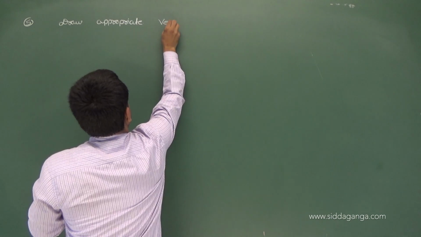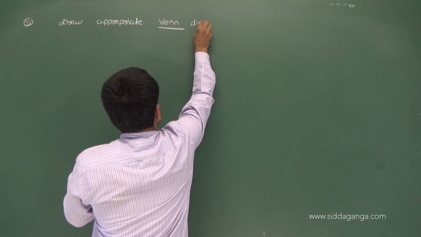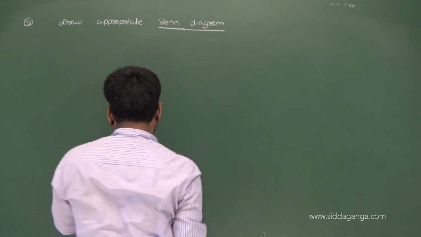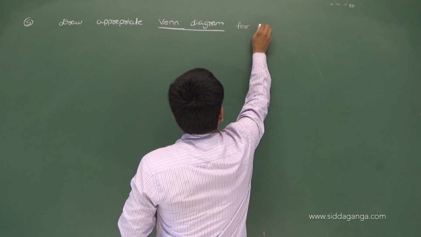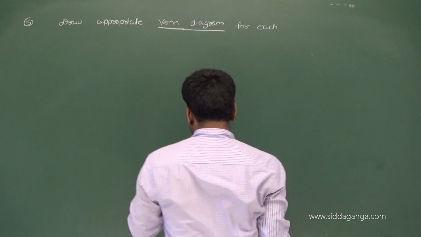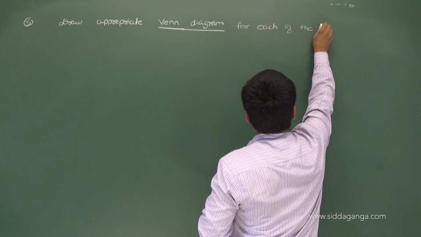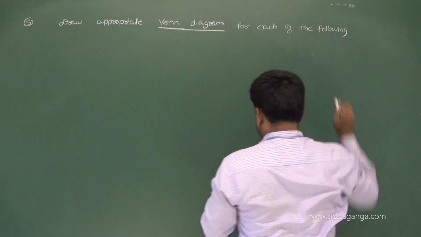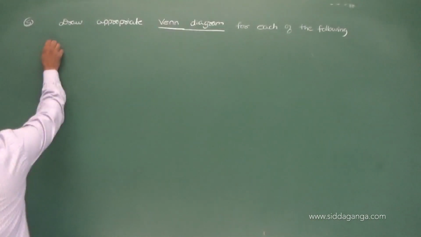Very interesting concept. Draw the appropriate Venn diagram for each of the following. So we will solve one by one problem.